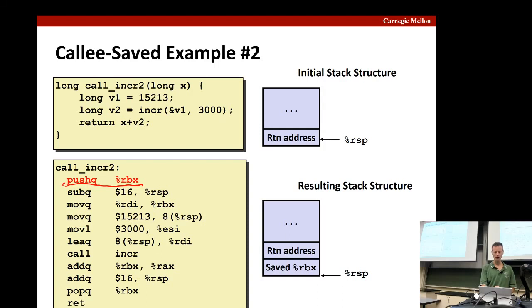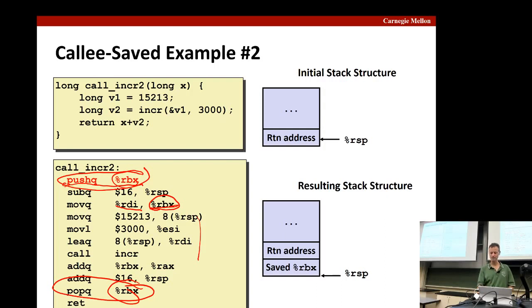We're going to want to squirrel away this value of x in RBX. But since RBX is a callee save register, this function has to save it here and restore it at the end. From the perspective of this function being called, it's responsible for the callee save registers. So it's responsible for RBX. That's why you see that. And so then it's safe to trample it internally and do all the stuff it did before.